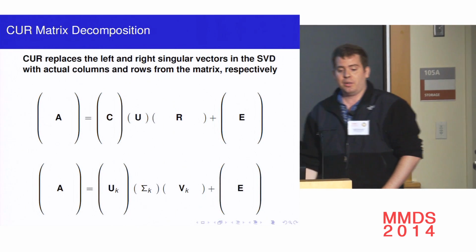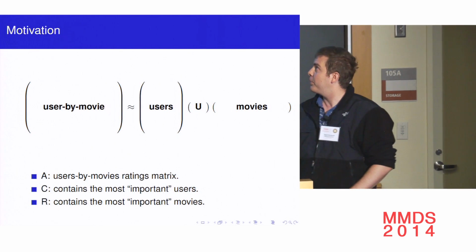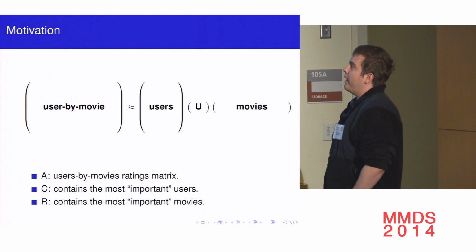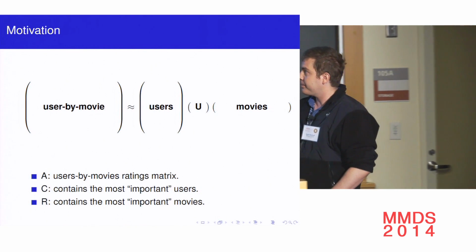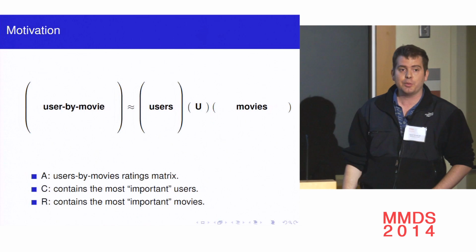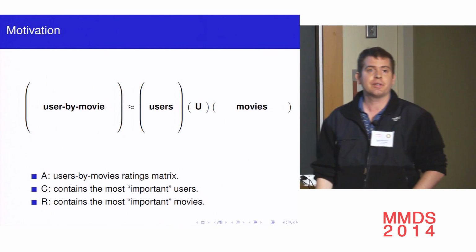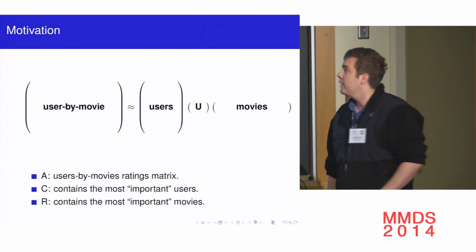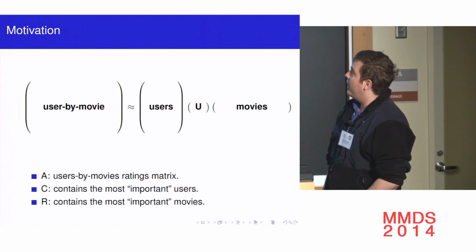Okay, so why do we care? What is some motivation for this? So here's an example where A is a user by movie matrix. The rows correspond to movies, the columns correspond to users, and maybe the entries correspond to likes or dislikes of those movies.